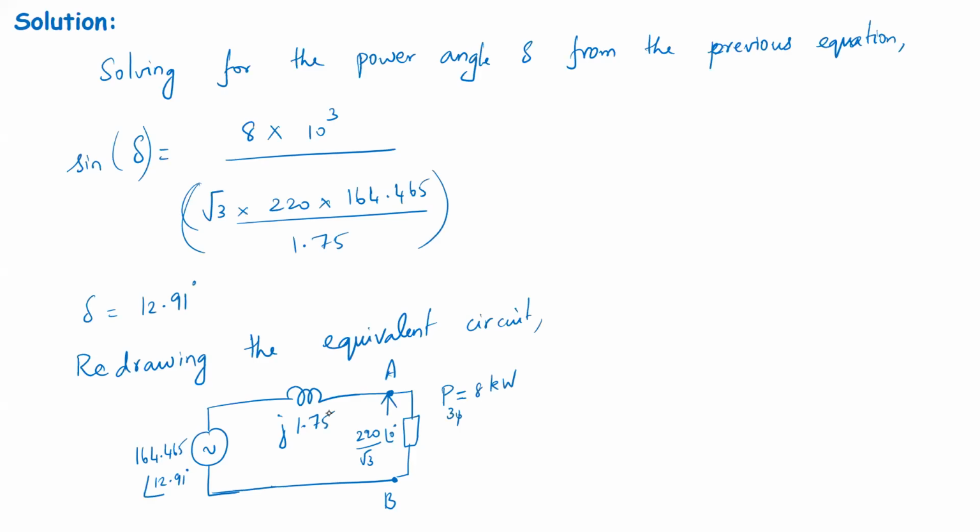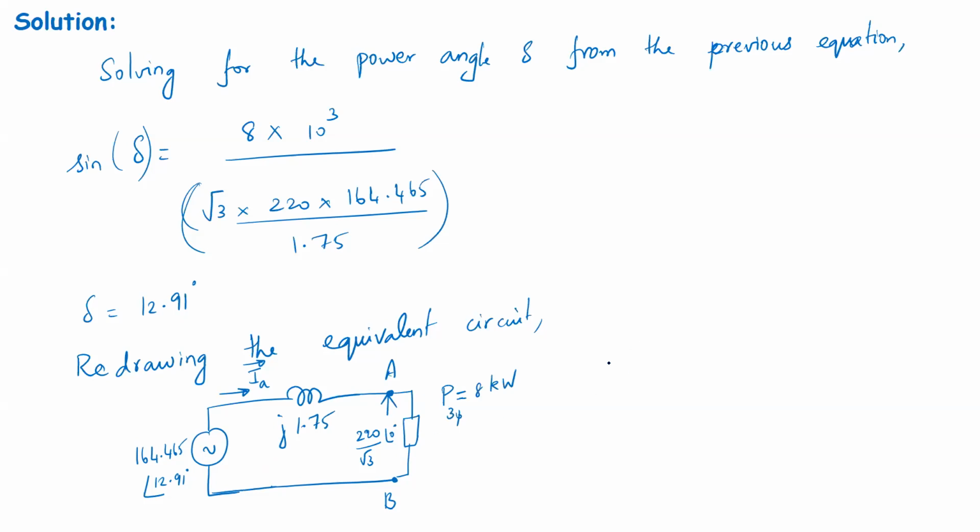So I have access to all the values. All I need to do is to solve for my armature current phasor, which is IA. So IA phasor can be obtained by applying KVL to this loop.